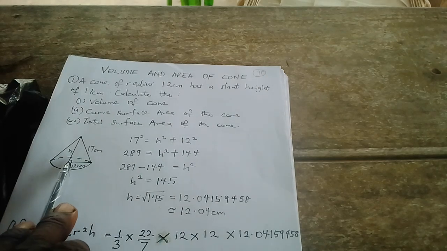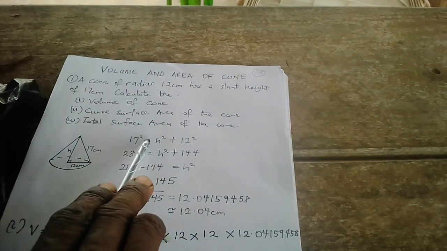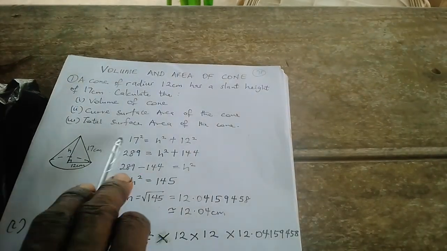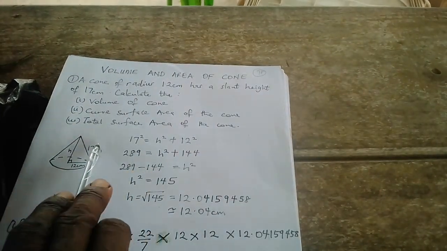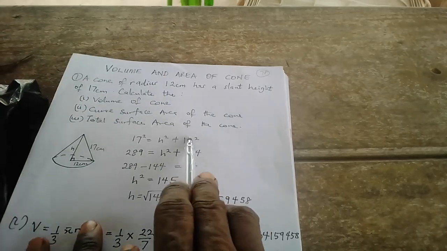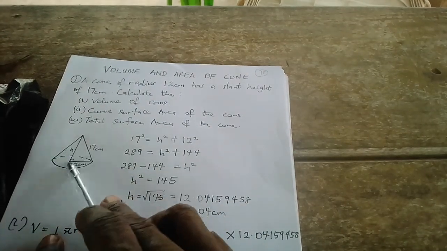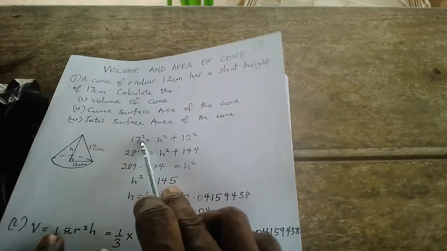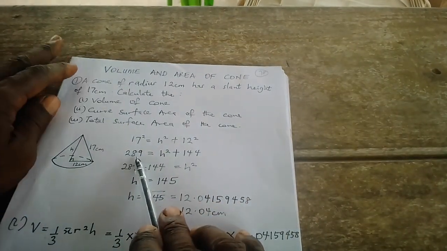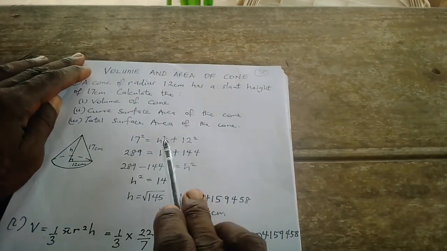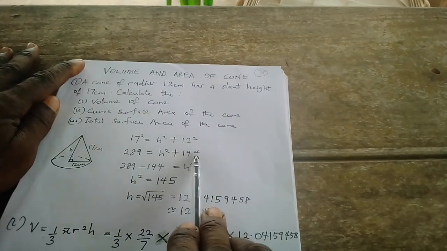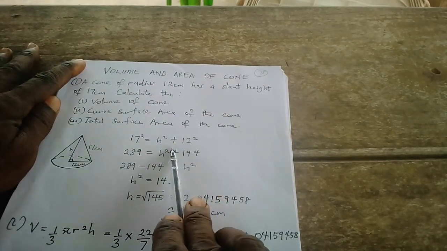Pythagoras' rule says that the square of the hypotenuse is equal to the sum of the squares of the other two sides. So 17 is the hypotenuse, so 17² equals h² plus 12². 17² gives us 289, equal to h² plus 144.